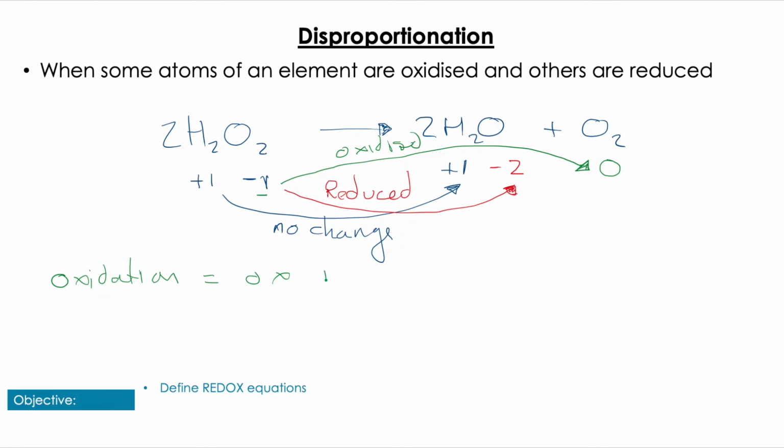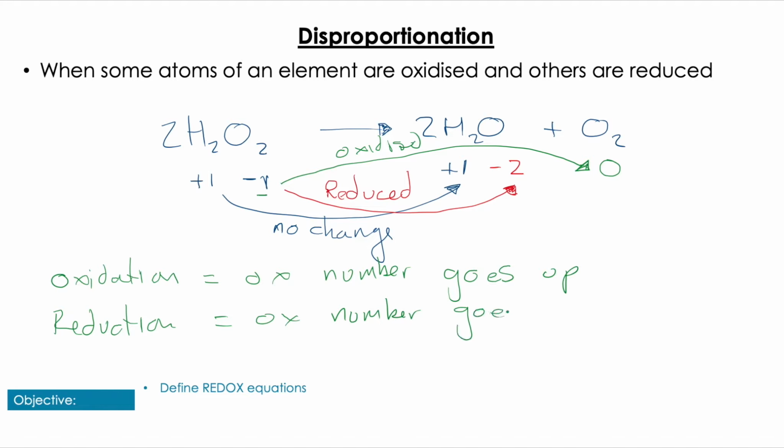Just to remind you, and this is kind of a definition, oxidation is always going to be associated with an oxidation number going up, and reduction is always associated with a number going down. Hence we can see that oxygen is disproportionately oxidized and reduced in this case.